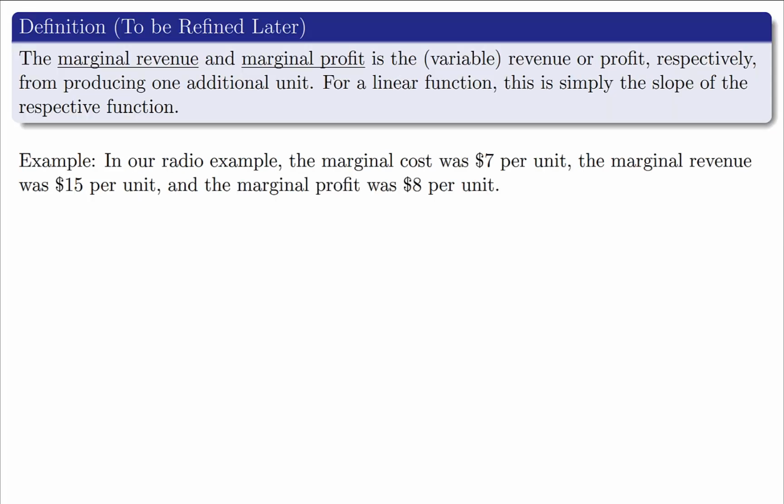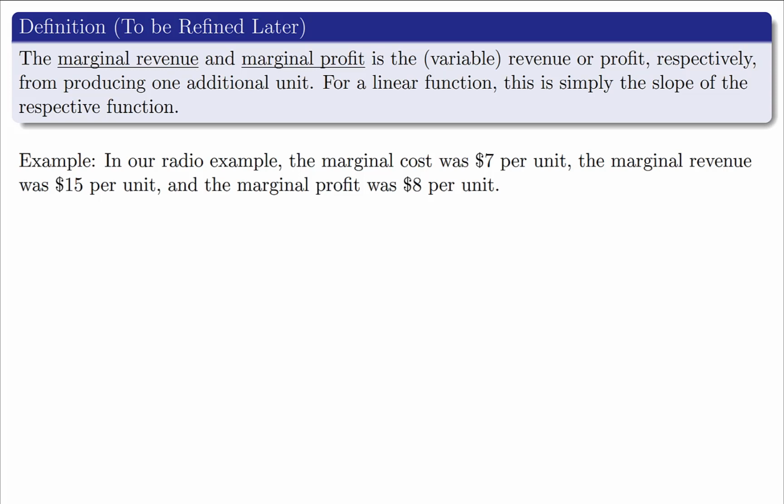Just like the marginal cost, the marginal revenue and the marginal profit, we can look at this to be refined later, but they would be the revenue and the profit that we get as we produce one additional unit. For linear functions, these are again just slopes. So to put it together with our radio example, the marginal cost was $7 per unit.